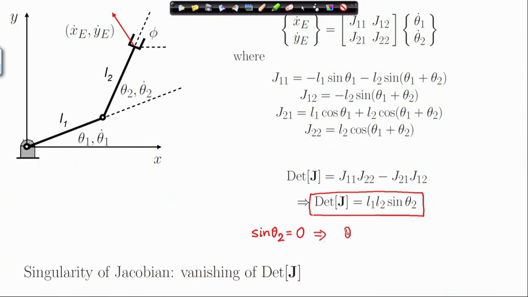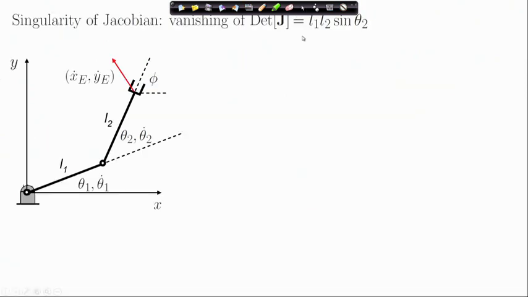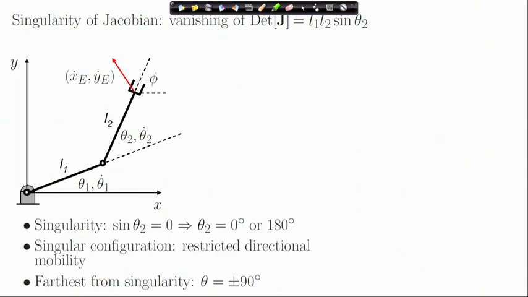So, that implies theta 2 is either 0 degree or 180 degree. So, singularity is when you have sin theta 2 equal to 0. So, either theta 2 is 0 degree or 180 degree. So, let us look at these configurations.